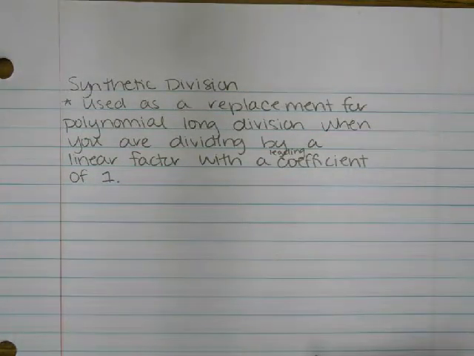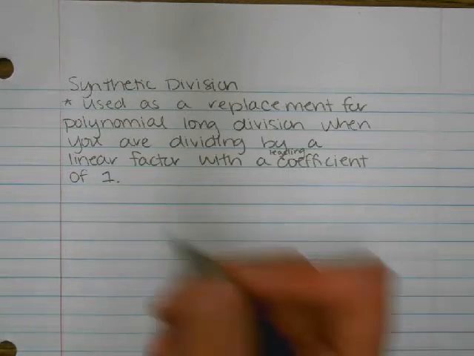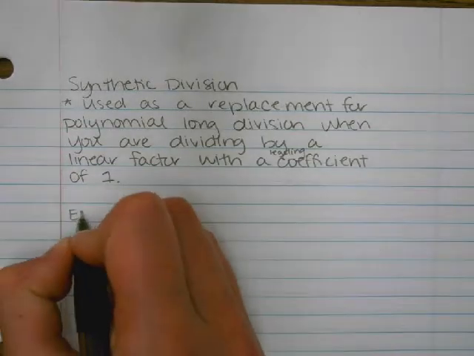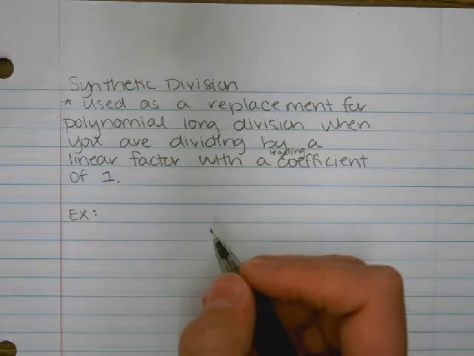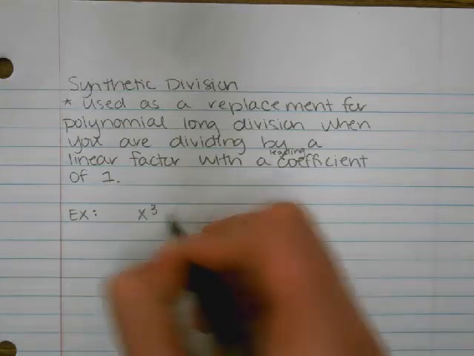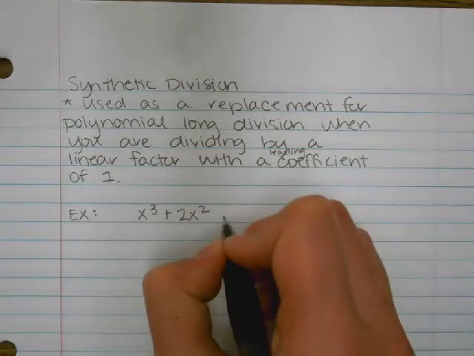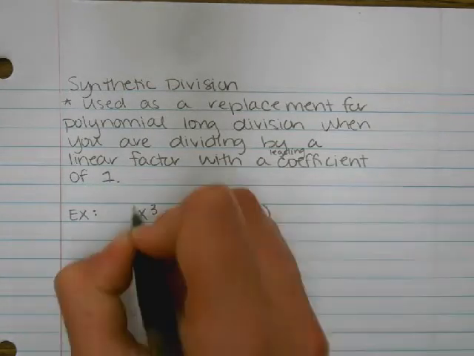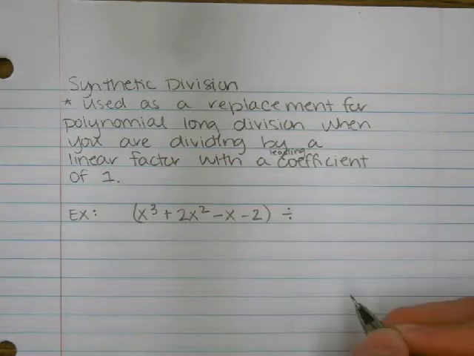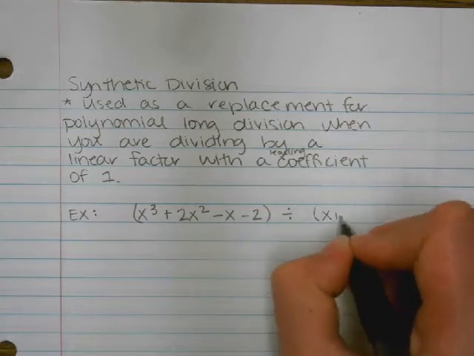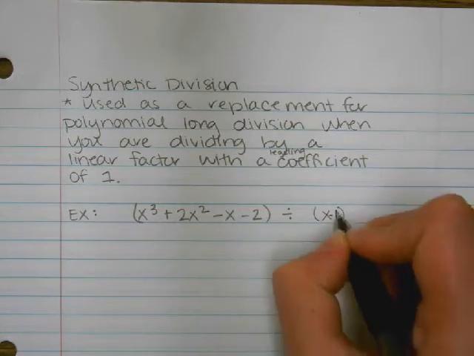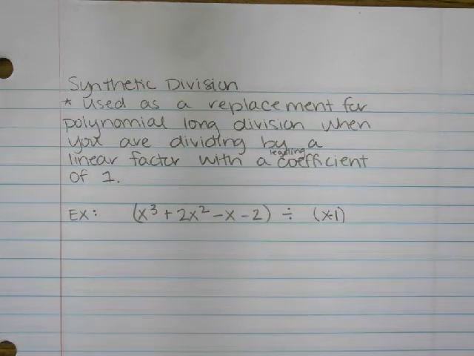So here's what I mean. If we are looking at a problem, here's our example, where we have x to the third plus 2x squared minus x minus 2, and we're dividing this by x minus 1, we could use synthetic division to do this problem instead of polynomial long division.